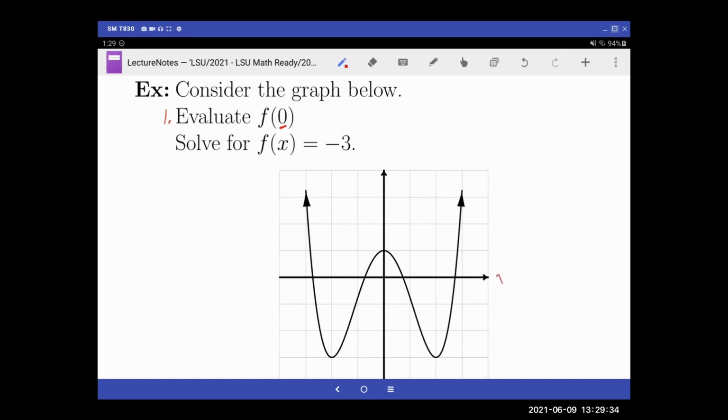This is my x-axis and my y-axis. When x is 0, that's here. This is 1, this would be -1 and so on. That point is 0, 1. So f of 0 is 1, the y value.